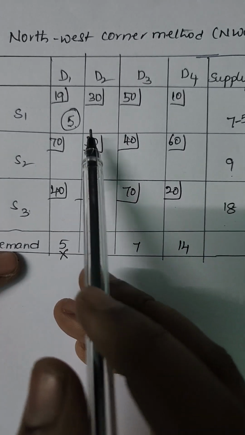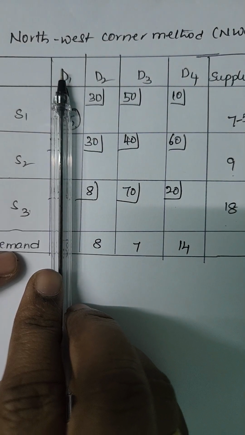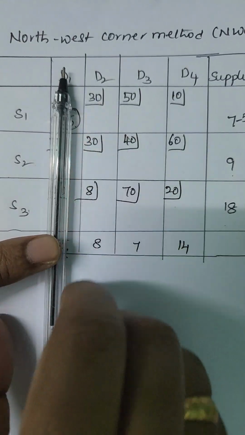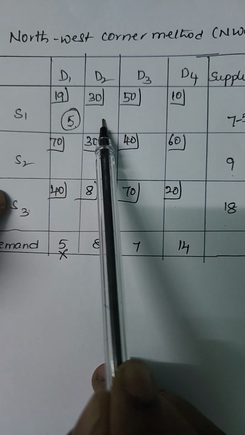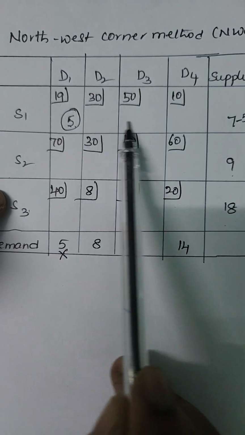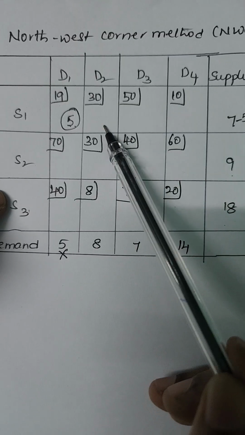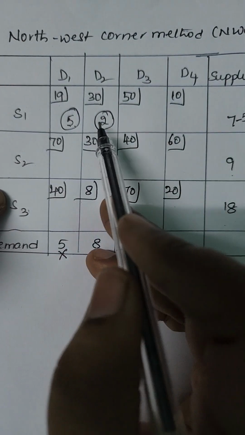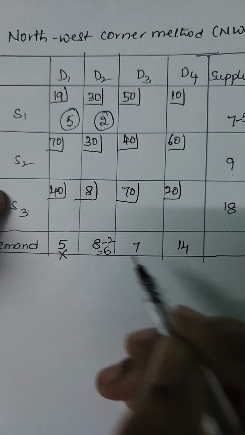Because this column is struck off, select the next northwest corner cell. This is the next northwest corner cell. At this cell the demand is 8 units and the supply is 2 units. The minimum of 8 and 2 is 2, so we will assign 2 here. Because the demand is 8 units but we have supplied only 2 units, 8 minus 2 is equal to 6.